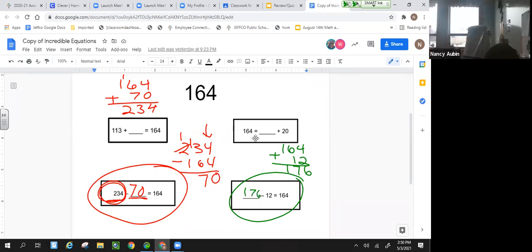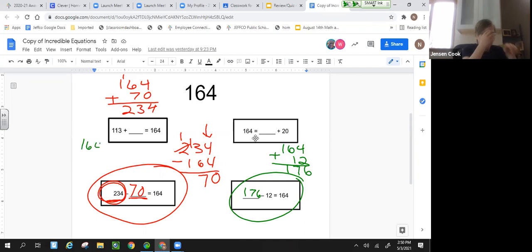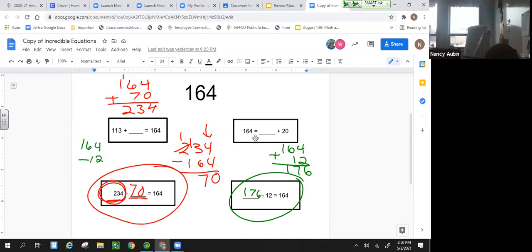So this time you have to add, right? If you subtracted 164 minus 12, hopefully you reflected and noticed that 152 minus 12 would not equal 164, right?